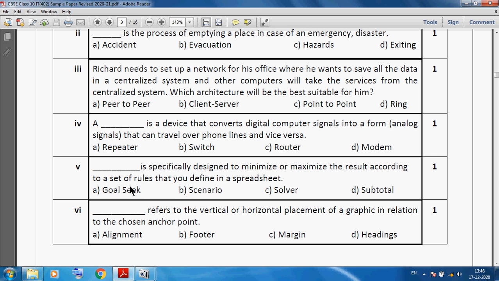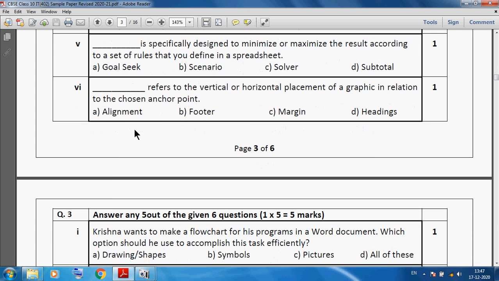So which thing will you choose? Which refers to the vertical and horizontal placement of a graphic in relation to the chosen anchor point: alignment, footer, margin, and heading. So you will select a proper answer for this. I am showing this type of MCQ question asked in our examination.